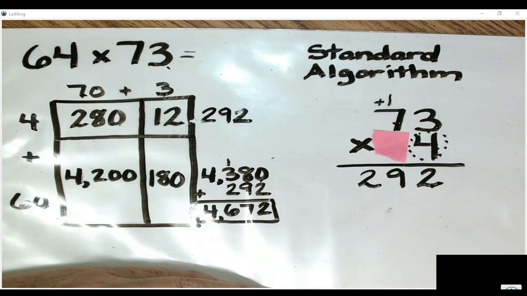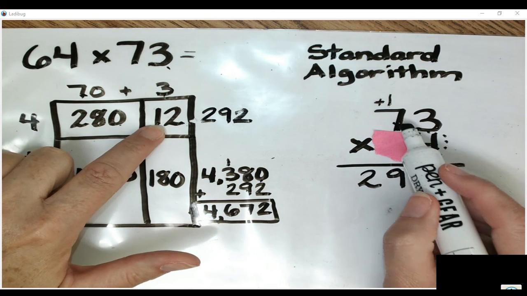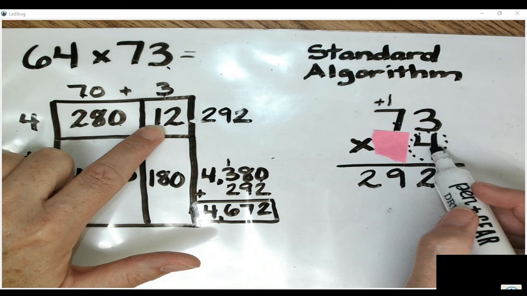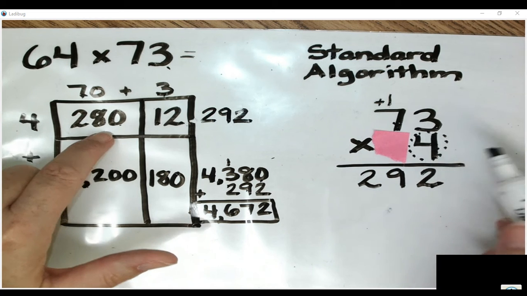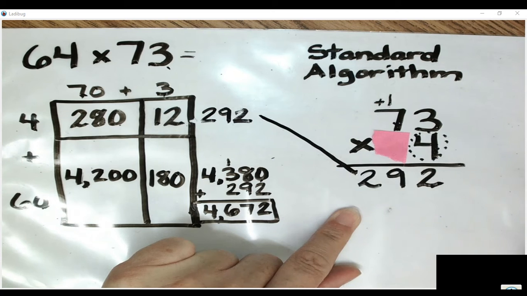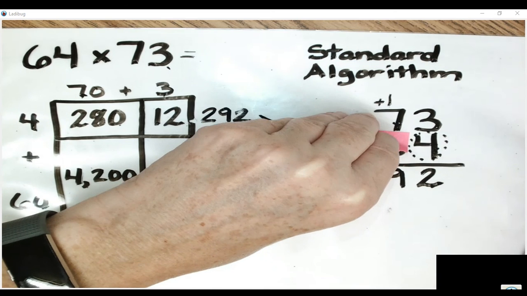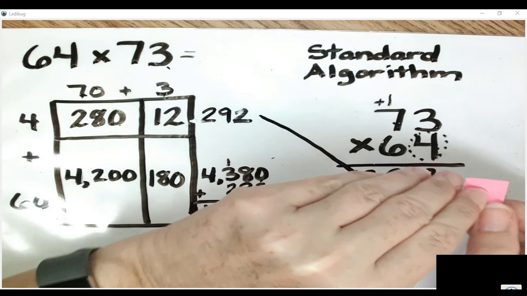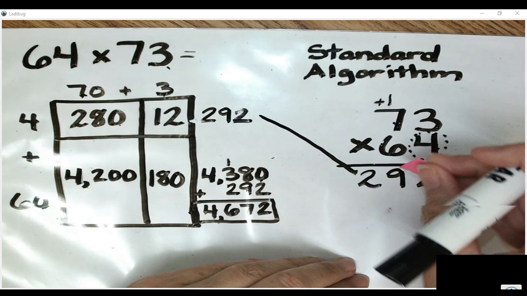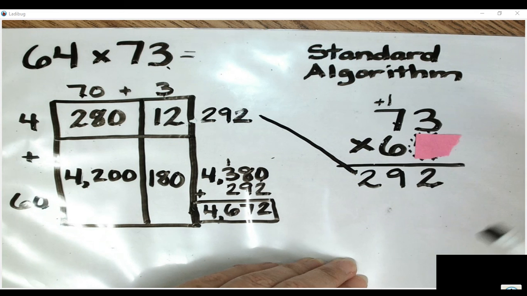Yeah, so guys, I think that's so cool. The 4 times the 3 was 12, and the 4 times the 7, or 4 times 70, was 280. And look, this partial product matches. Okay, so now we are finished with multiplying by that 4. So now we're going to cover him up, and we're going to move to the tens place.